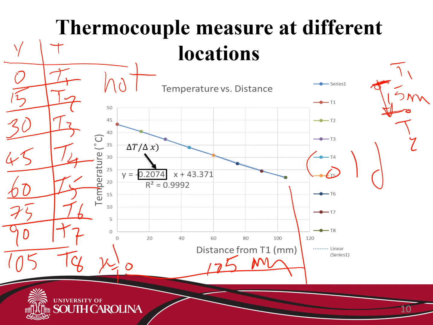There is another way. If you say, okay, I am going to calculate the thermal conductivity, I don't need to calculate it by T hot minus T cold divided by delta Y, which is 30 millimeter.